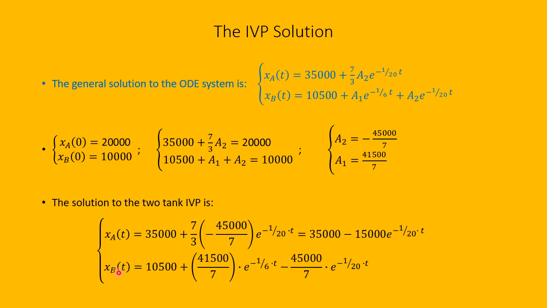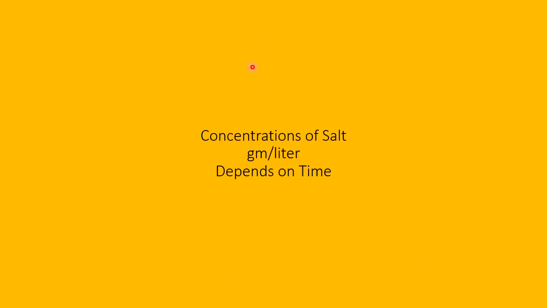Similarly, x sub B of t is going to equal this stuff, which isn't very nice looking, but that's what it is. So we have found x sub A of t and x sub B of t, the amount of salt in tank A and in tank B.